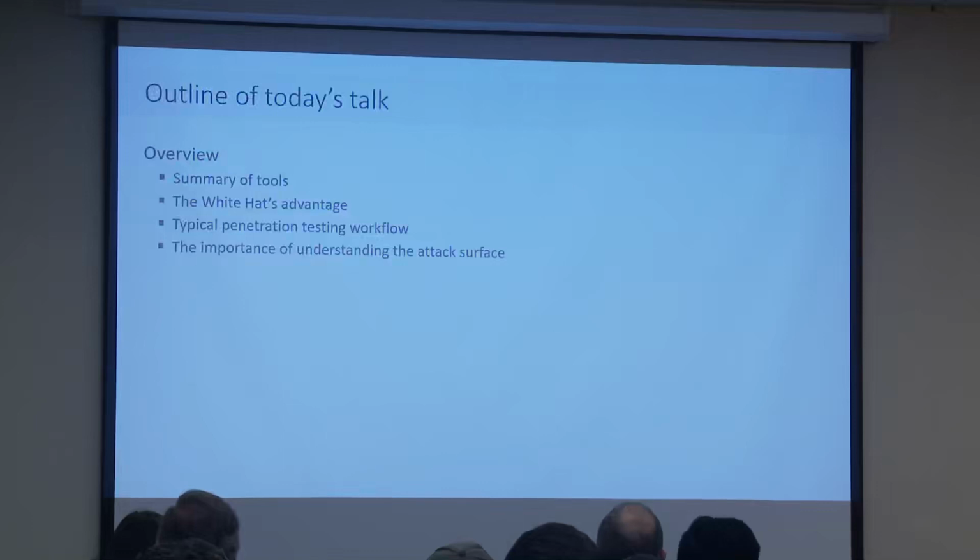All right. So a little bit about the agenda. I'm going to start out just giving you a brief overview of the two tools. We'll talk about the white hat penetration tester, what advantages they can have and how we can make things a little bit better for them. The typical workflow for a penetration tester, and the importance of understanding the attack surface and how that fits in.